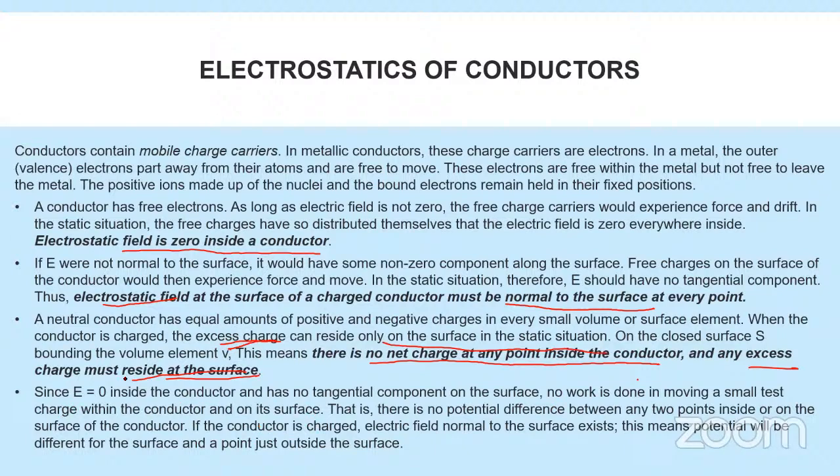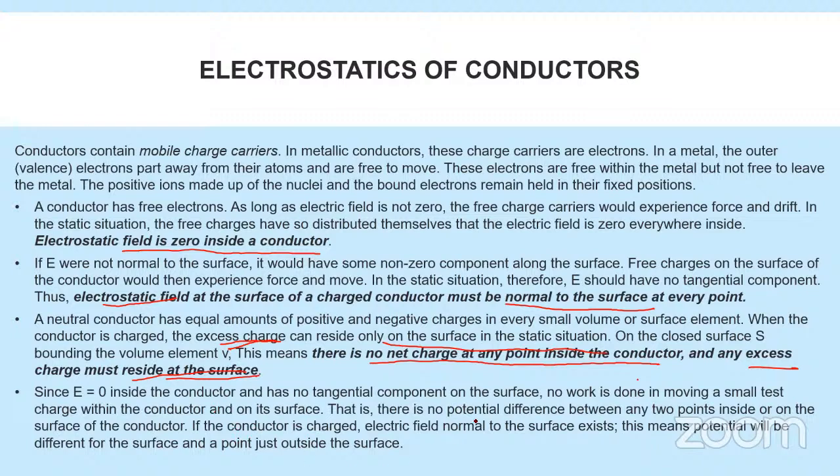Electric field is zero inside the conductor, so there is no work being done in moving any charge inside the conductor, and there is no tangential component on the surface, so there is no work needed even on the surface of the charged conductor.